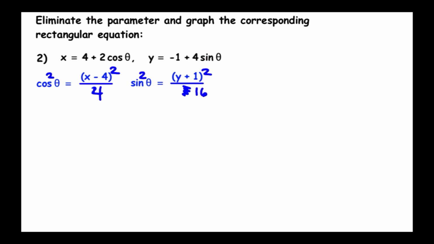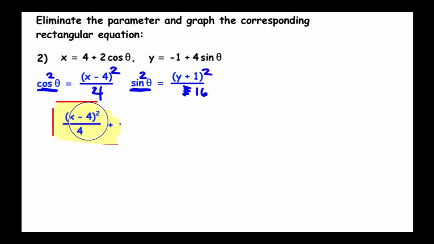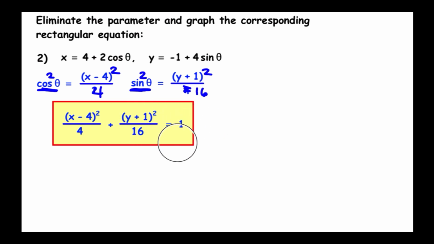And keep in mind that sine squared theta plus cosine squared theta equals 1. So that allows me to say this. x minus 4 squared over 4 plus y plus 1 squared over 16 equals 1. And that is your rectangular equation.